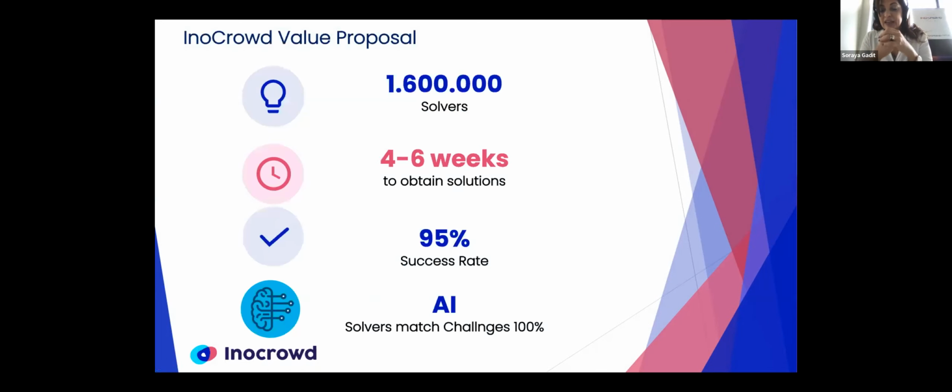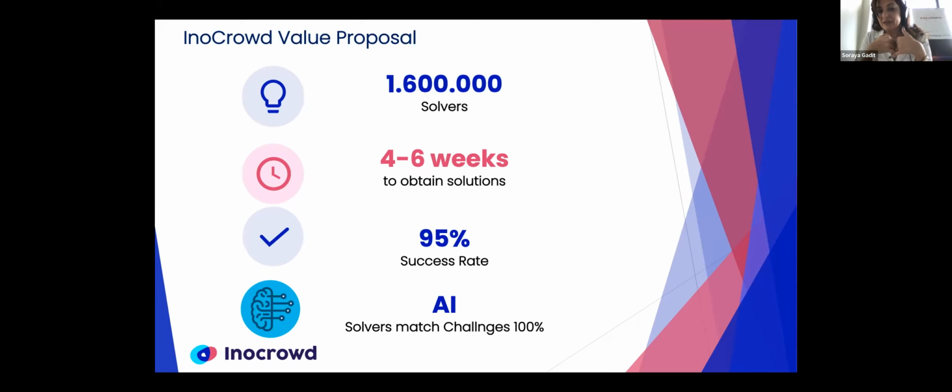But we have grown very fast, and the solvers, the researchers on our platform, started to grow. And right now we have 1.6 million solvers, and this is because we have more than 11 years in the market, but also because we have done partnerships with other open innovation platforms, because this is what we are, an open innovation platform.